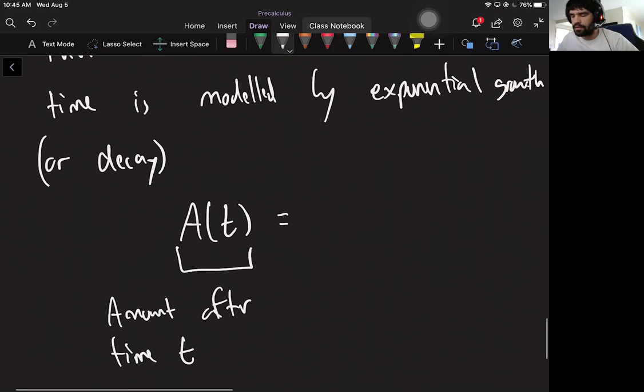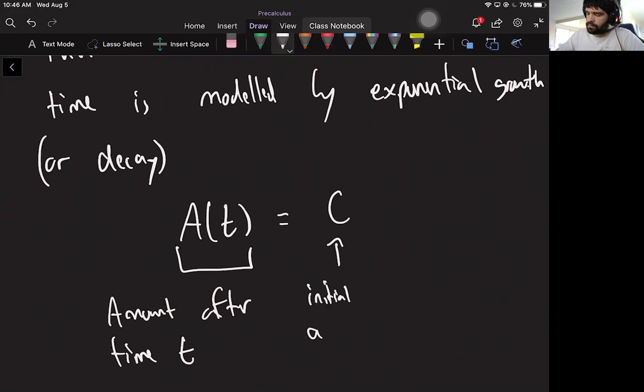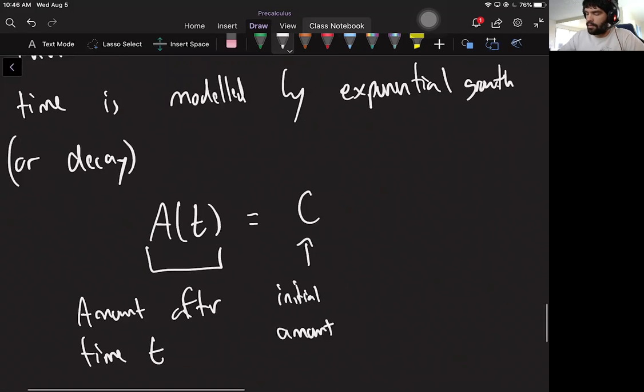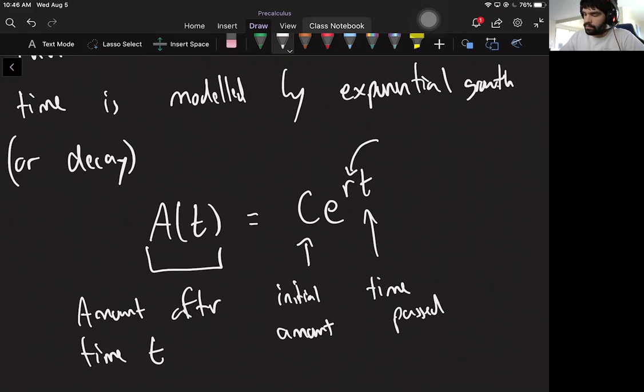On the left, this is just saying that the amount you have at a later time, so maybe the time is 30 hours later, then you would plug in t equals 30 or something like that, is equal to some starting amount times e, this fancy new number I just explained, to the power rt, where t is still the amount of time passed, and r is just some number that we usually have to figure out. Okay, so this is what we're going to be using a lot.